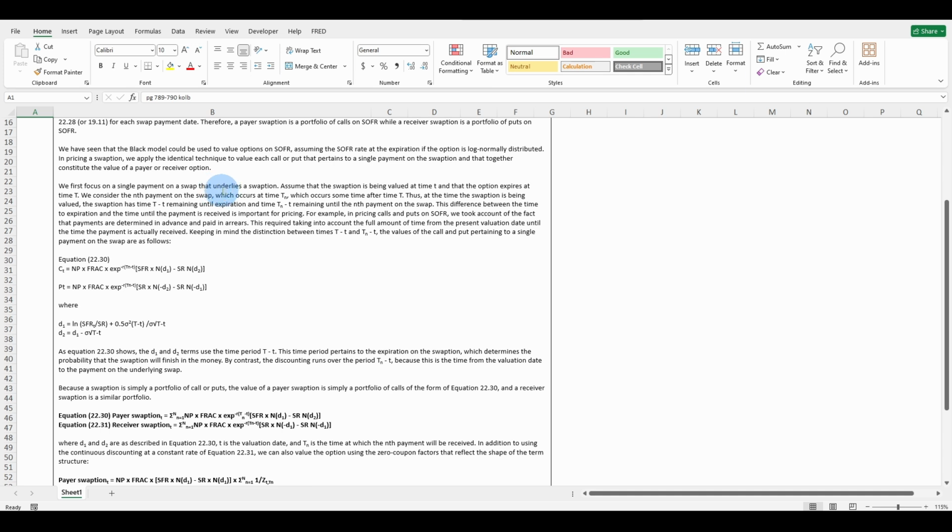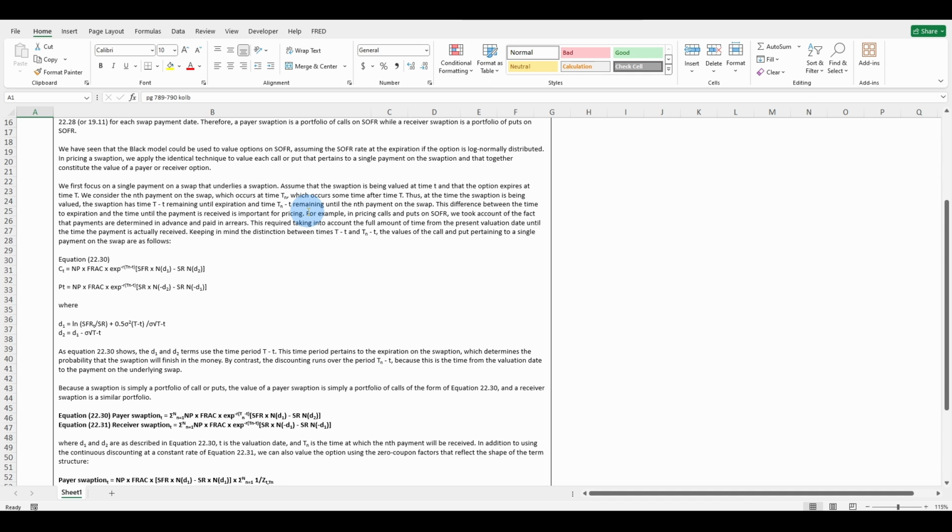Assume that the swaption is being valued at time t and that the option expires at time T. We consider the nth payment on the swap, which occurs at time T_n, which occurs sometime after T. Thus, at the time the swaption is being valued, the swaption has time T minus t remaining until the expiration, and time T_n minus t remaining until the nth payment on the swap.